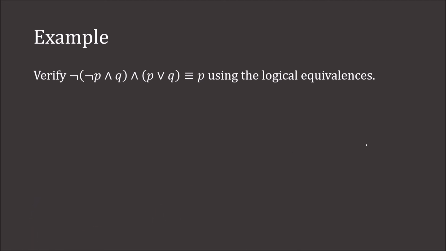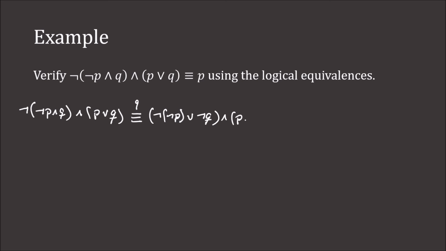So let's start with the statement on the left-hand side. The negation of (not P and Q), and (P or Q). Now, we can say this is logically equivalent using property 9, not not P or not Q, and (P or Q).